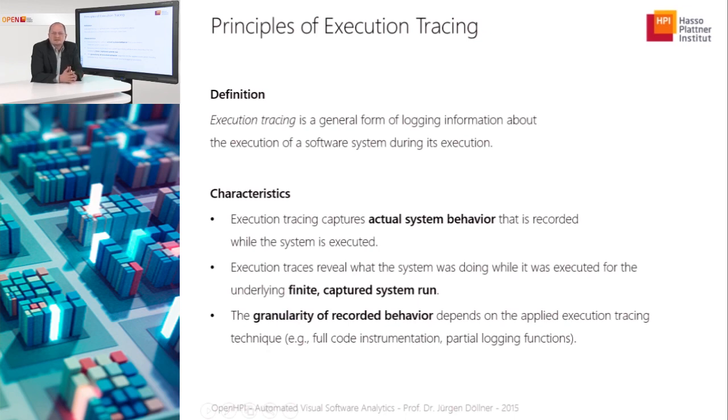Maybe it takes 1 second, 1 minute, or 1 hour, or even 1 day. The granularity of recorded behavior depends on the applied execution tracing technique. For example, we could apply full code instrumentation or only partially log certain system functions we are interested in. So the granularity is one key parameter of execution traces.